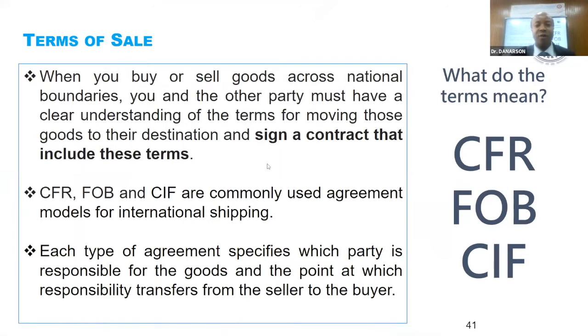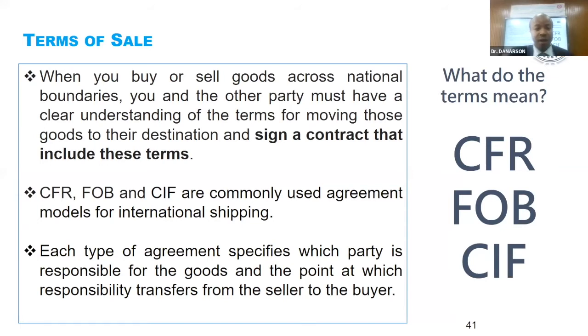Well, when you buy or sell goods across national borders, you and the other party must have a clear understanding of the terms for moving those goods to the destination. And as I said before, sign a contract that includes the terms. It's the things that you are mentioning, the terms that you are using to get goods from one country to another, apart from the payment we are using for buying goods.